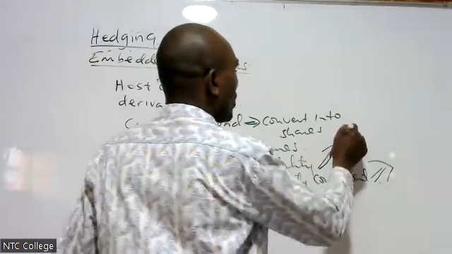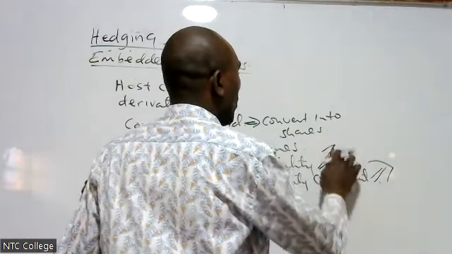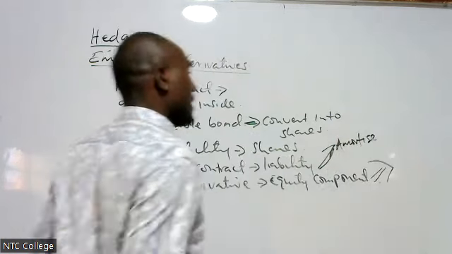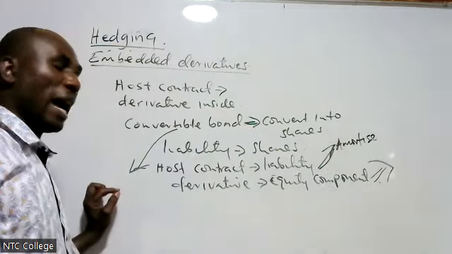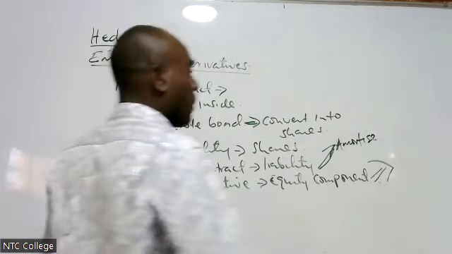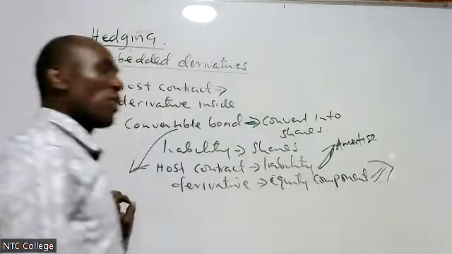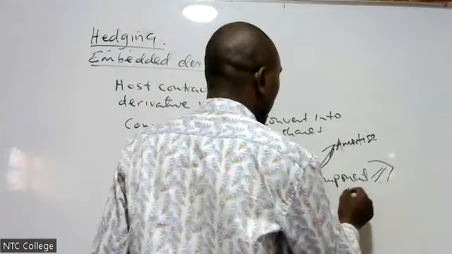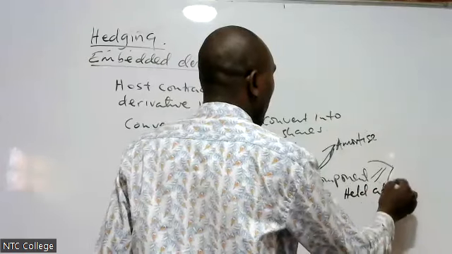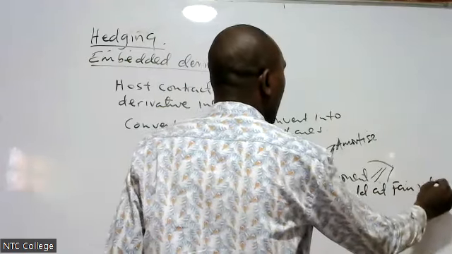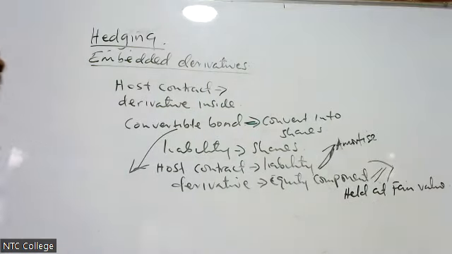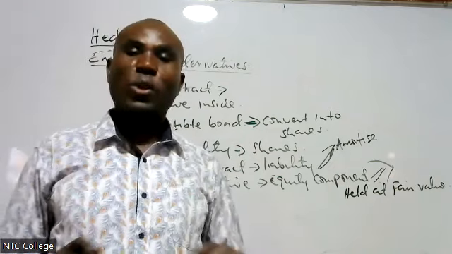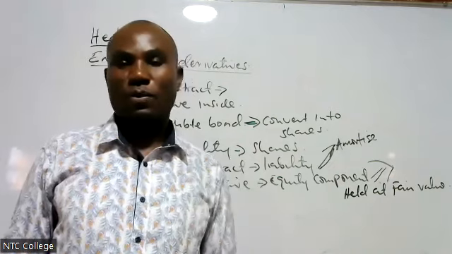But equity, you can never amortize. Equity is held at fair value. Because of that separate accounting, you are required to separate the two.